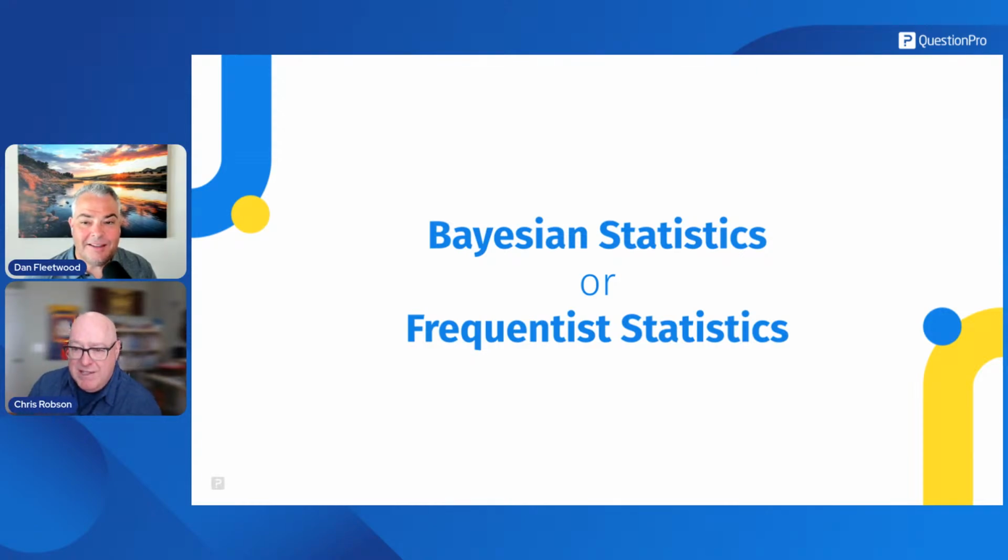The thing about Bayesian statistics is when it was first formulated and proposed, people didn't like it, and they didn't like it philosophically, because, as you mentioned, Dan, it starts with this idea of a prior. What's my original belief about this? And people thought, oh, that's all very squishy and not very scientific, which is actually not true.